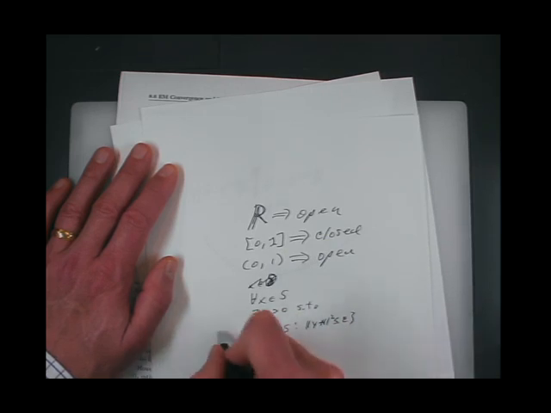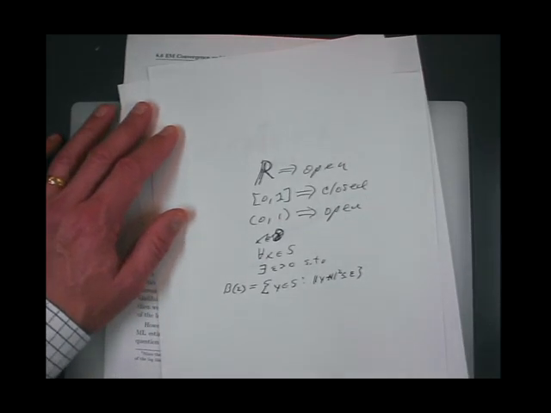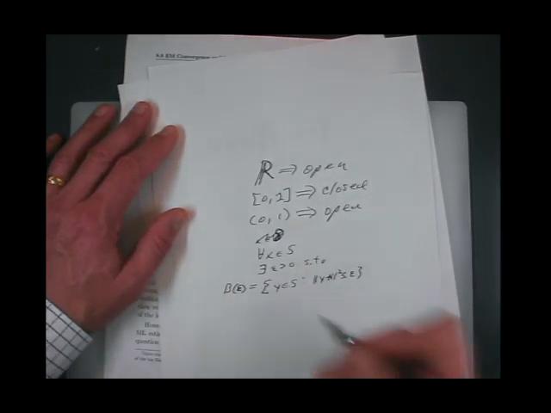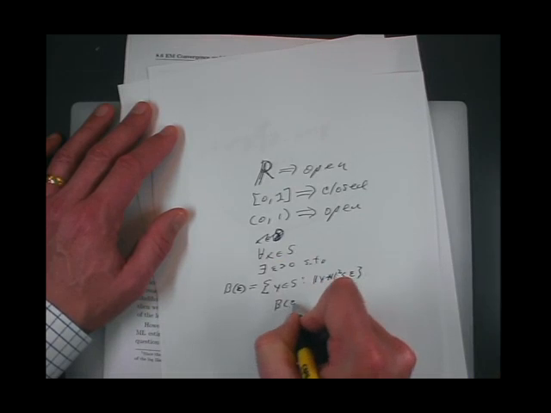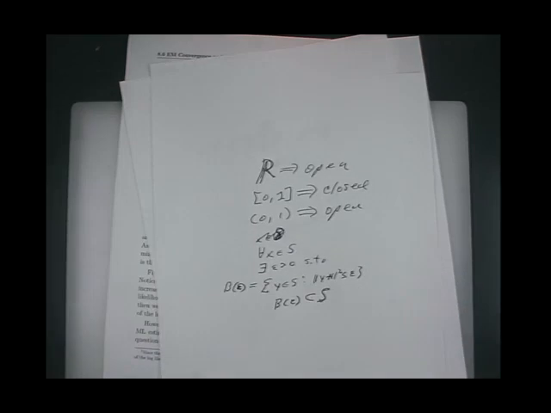This is called an epsilon ball. If there exists an epsilon ball such that the epsilon ball is a subset of S, so if that's open, if for any point there's an epsilon ball, it's part of the set.